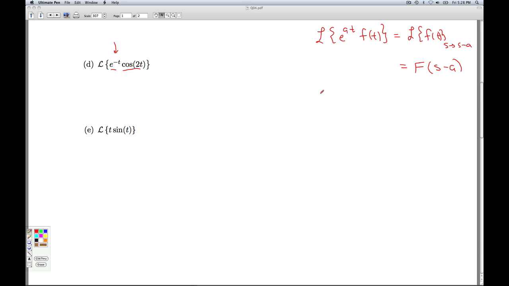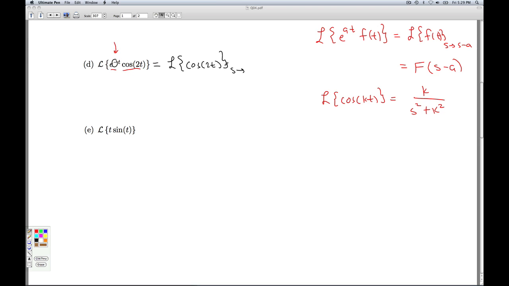As far as the cosine is concerned, the Laplace transform of the cosine of kt is s over s squared plus k squared. Our k here is 2, and we'll see how this all works out. The first step is to take care of that exponential. So this is the Laplace transform of cosine of 2t, where we're going to shift s to s minus a.